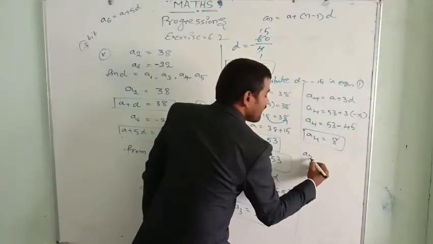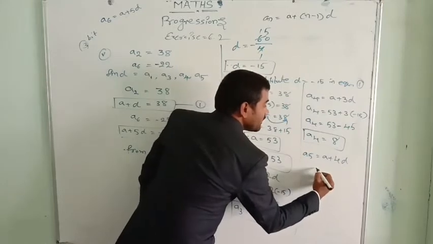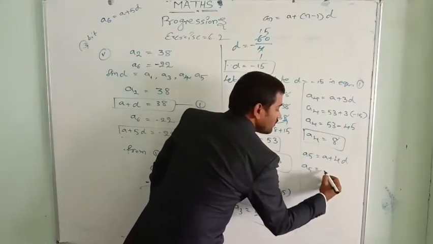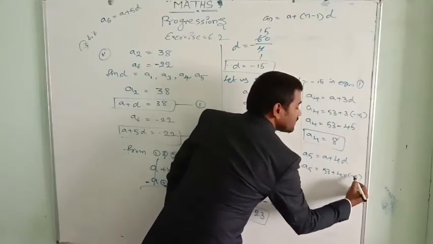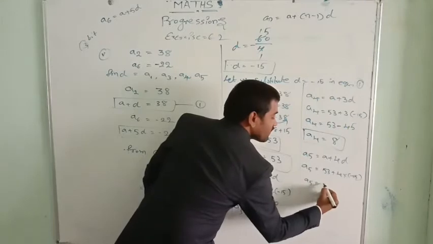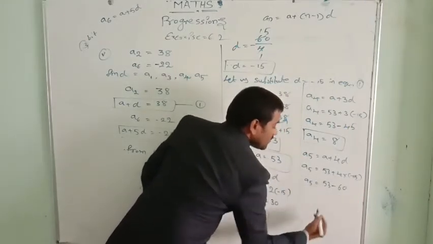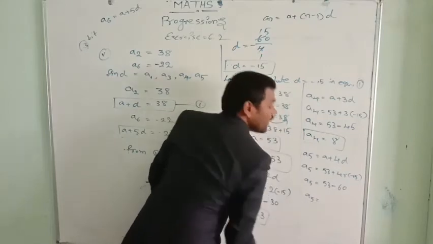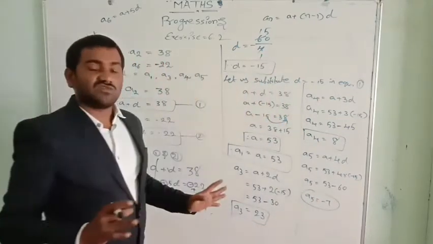Next A5 equal to A plus 4D. So here A5 equal to A value 53 plus 4 into D value, minus 15. So 53 plus into minus is minus 60. So A5 equal to minus 7. In this way you get the answer.